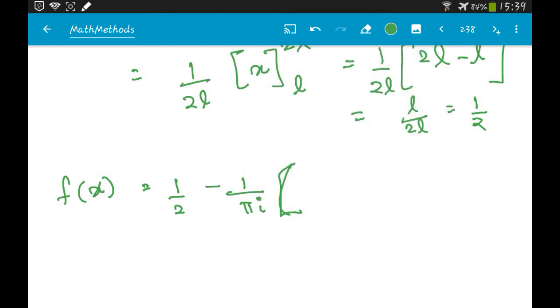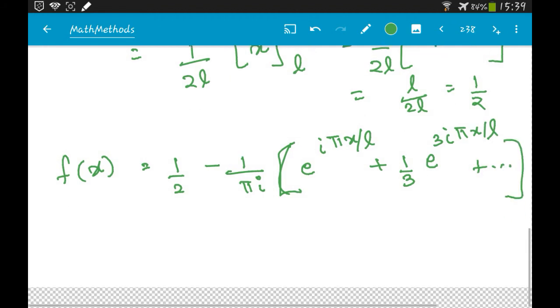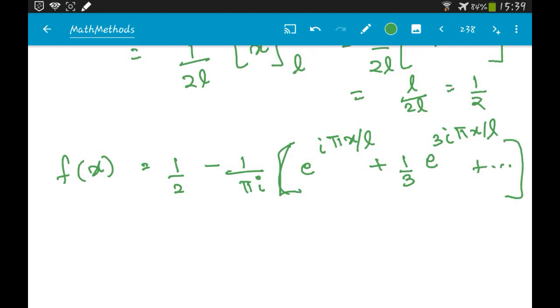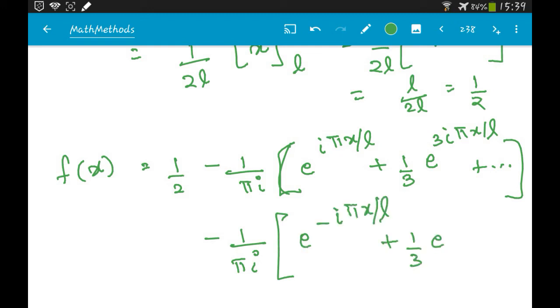This is an exponential function, so you would have to write it as e power iπx by L plus 1 by 3 e power 3iπx by L and so on, minus 1 by πi into e power minus iπx by L plus 1 by 3 e power minus 3iπx by L and so on.